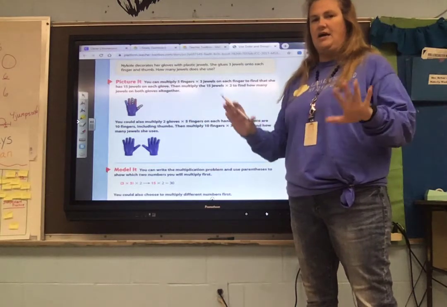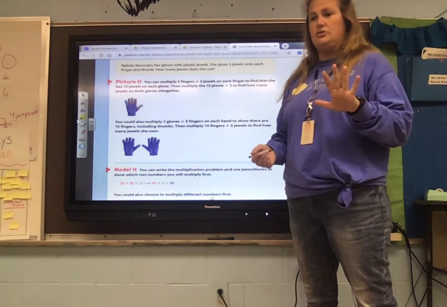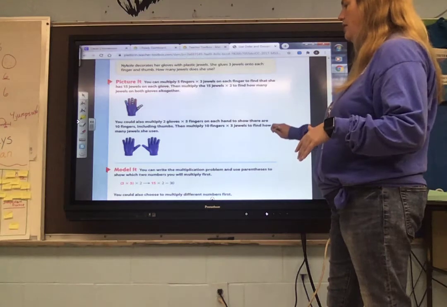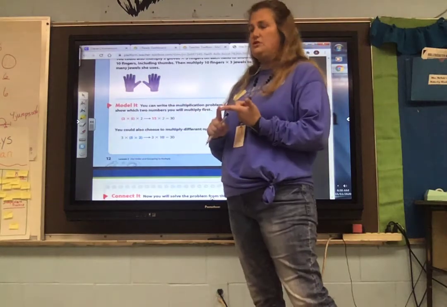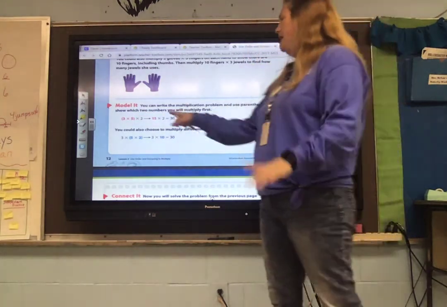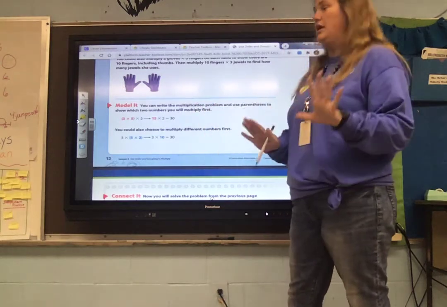Each glove has 5 digits on it, and each of those digits has to have 3 jewels on it. So to work this problem, you're going to need all 3 factors. You need the factor 3 for the 3 jewels, you need the factor 5 for the 5 digits on a hand, and you need the factor 2 for her having 2 hands, because of our 2 gloves.